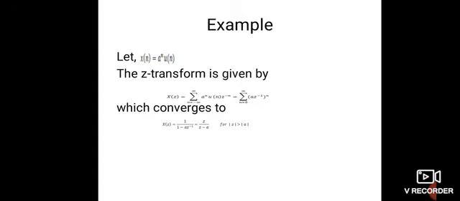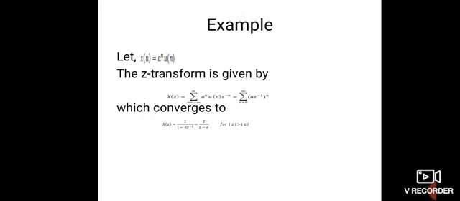If we have to find the poles and zeros of this X(z), then to find the zeros we put the numerator equal to 0. The numerator is z, so z equals 0. Z equal to 0 is the zero of this X(z). And to find the poles of this X(z), we put the denominator equal to 0.